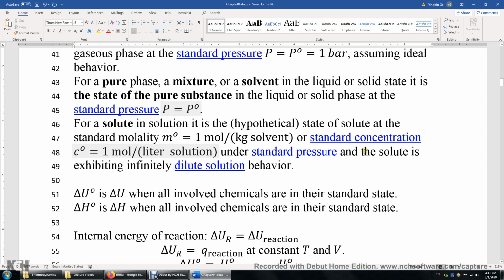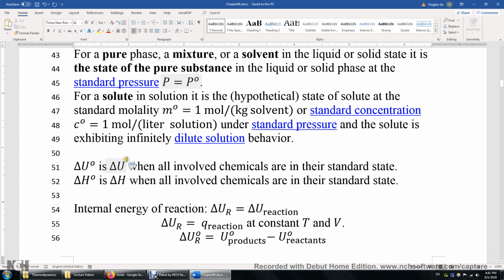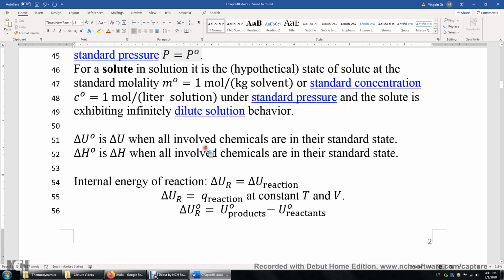Furthermore, the solute is exhibiting infinitely dilute solution behavior. So now this delta U naught is simply delta U when all chemicals are in their standard state. Delta H naught is simply delta H when all involved chemicals are in their standard state.